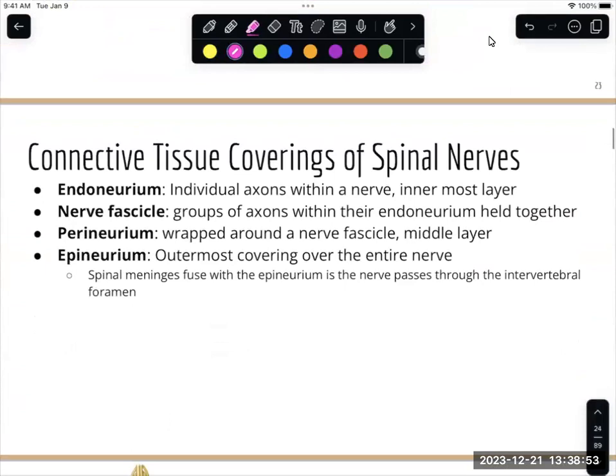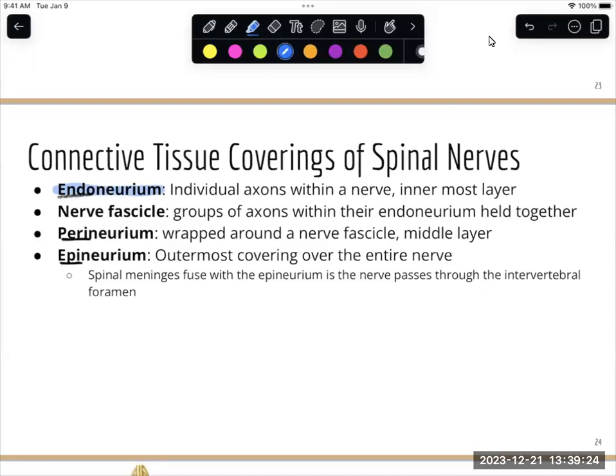So when I mentioned in skeletal muscles that you're going to see this endo, peri, epi again, here it is. This is the last time you'll see it in anatomy 1. You will see it again in anatomy 2. So endo means it's the innermost layer, neurium, nerve. Neurium tells us we're wrapped around nerves this time.